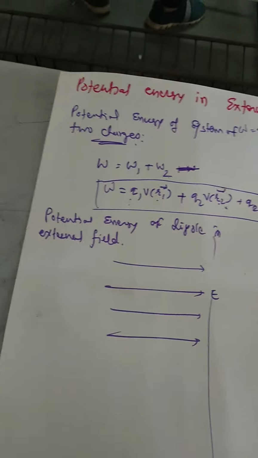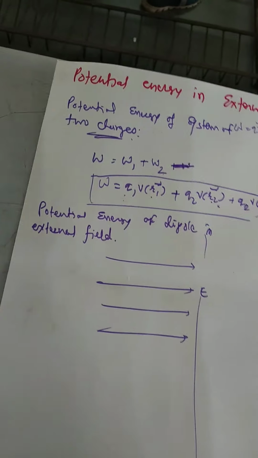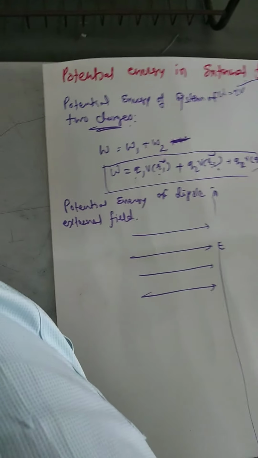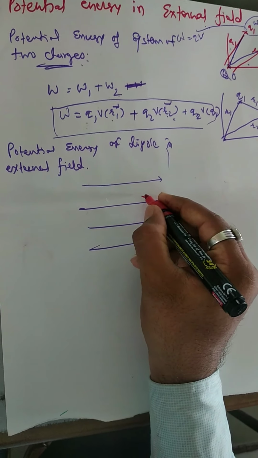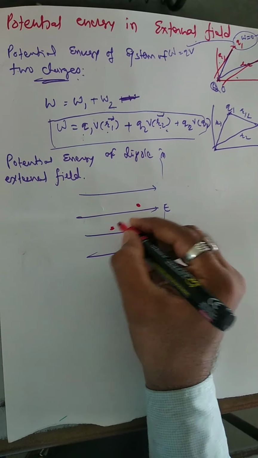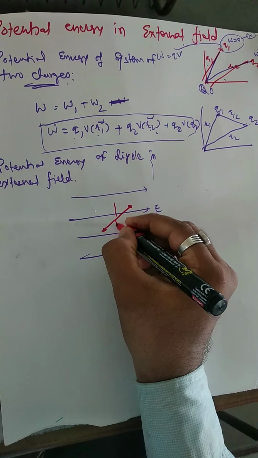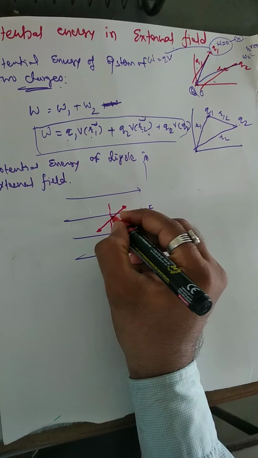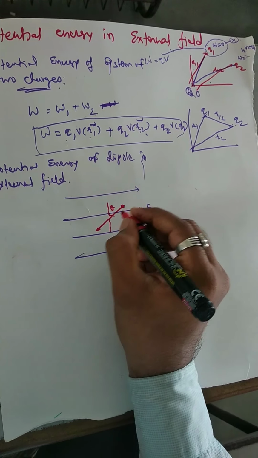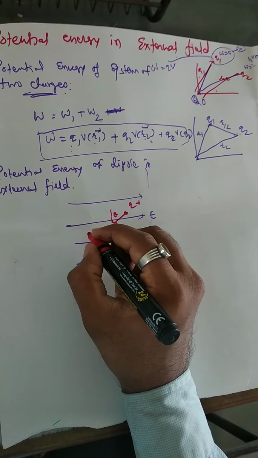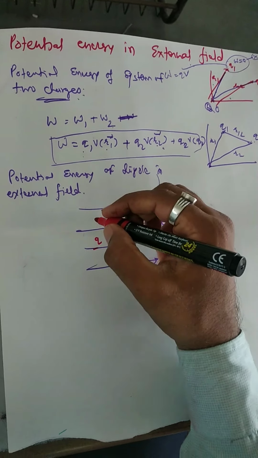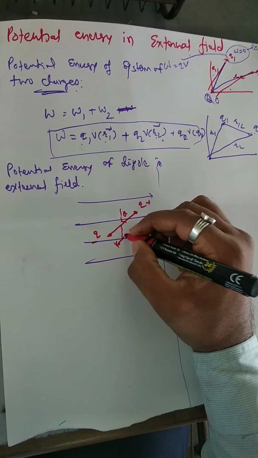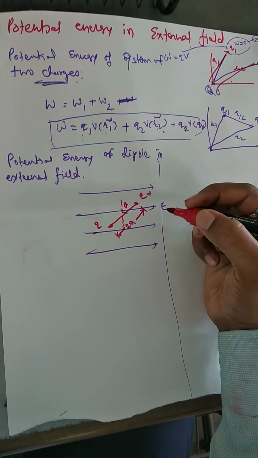just a minute. Okay, suppose this is a given uniform electric field, and suppose any dipole, this is charge q, this is charge q. This dipole is making an angle theta, this is q plus, this is q minus, and this distance we will consider as 2a.